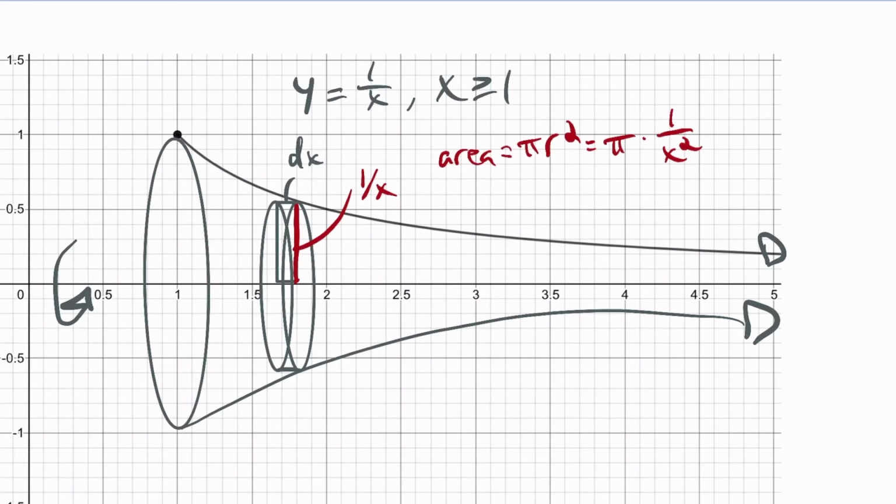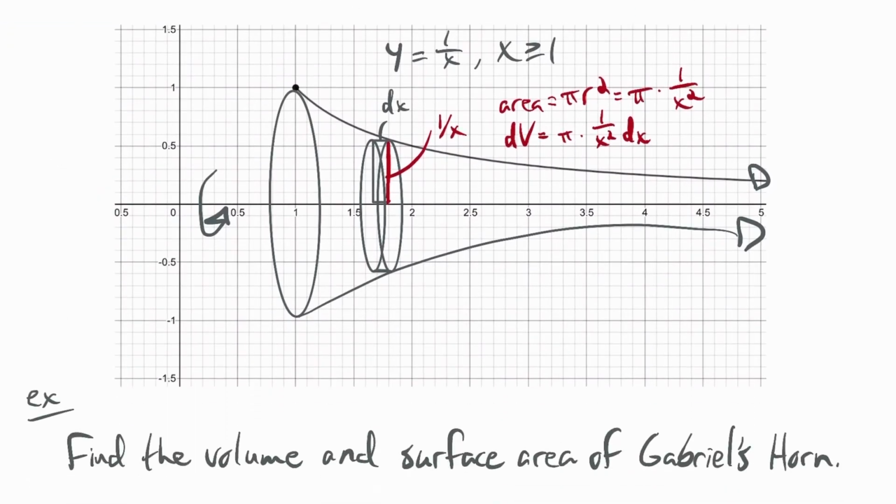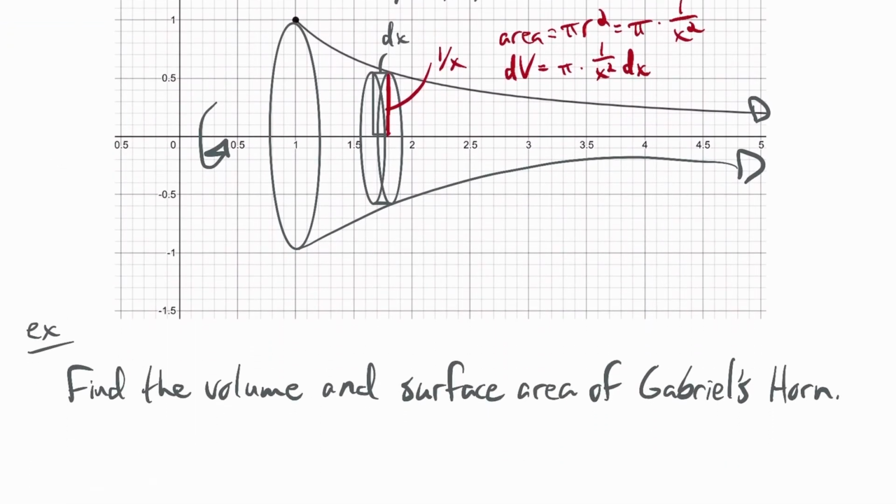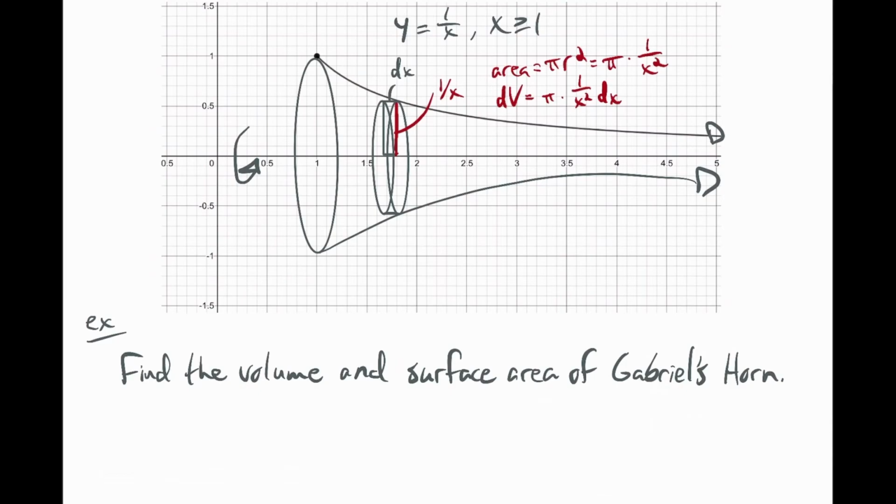There's your first hint. And so then the volume, or dV in other words, is going to be pi times 1 over x squared dx, right? Okay, so down here we can say that the volume of Gabriel's horn is V equals the integral from 1 to infinity of pi times 1 over x squared dx.